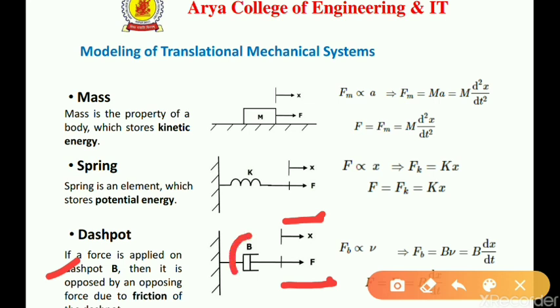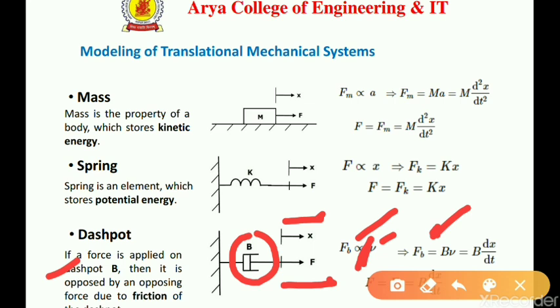Then the friction opposes this applied force, and that opposing force is directly proportional to the velocity of damper. So we can remove this proportionality constant, and we get Fb equals Bv, where B is a friction constant for damper.